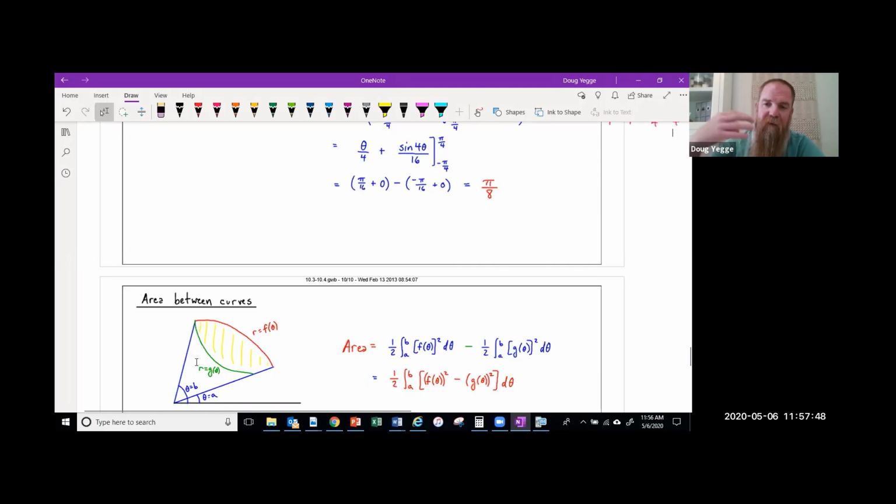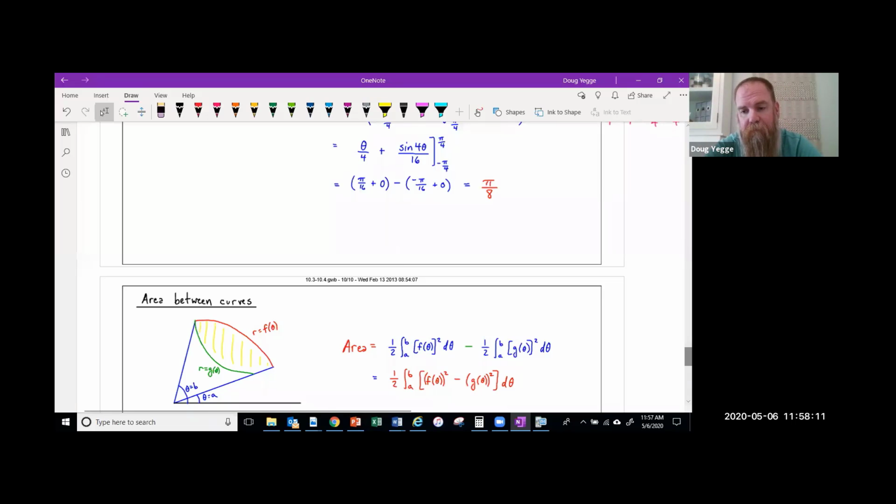So it's a similar idea in terms of how to find area between curves like we did before, only now it's going to be the area of the outside minus the area of the inside. But since they both have the same coefficient and limits, we could actually just combine it into one. So we've just got to figure out where's the outside function, where's the inside curve, and then subtract the two.